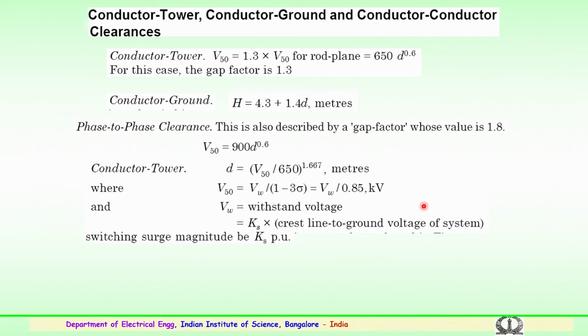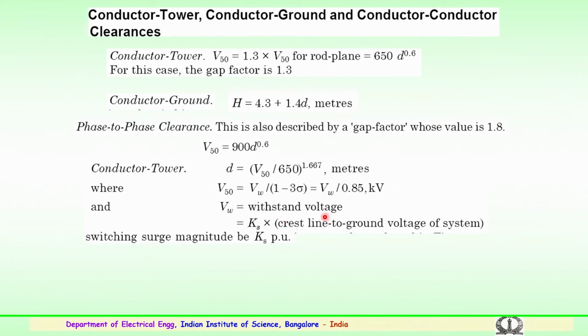So, conductor to tower, what is the clearance? This is given by d is equal to V50 by 650 to the power of 1.667 meters, where V50 is equal to Vw by 1 minus 3 sigma, which is equal to Vw by 0.85 kV, and Vw is equal to withstand voltage.